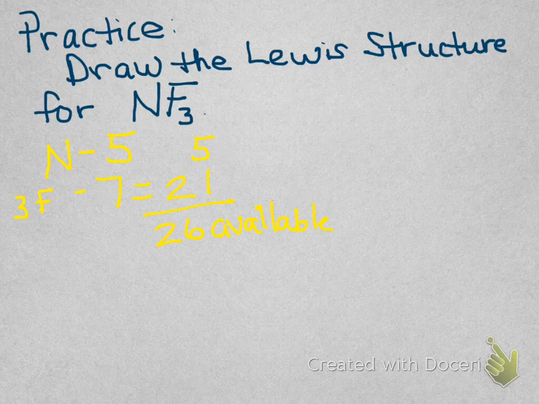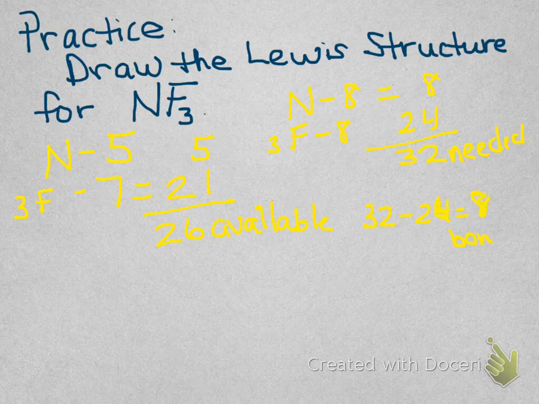How many valence electrons would it take to make each atom have 8? So if nitrogen had 8 and each fluorine had 8, there's 3 fluorines, so 3 times 8 is 24. So there would be 32 valence electrons needed. Now, to figure out how many bonding electrons, we take that 32 minus 26.